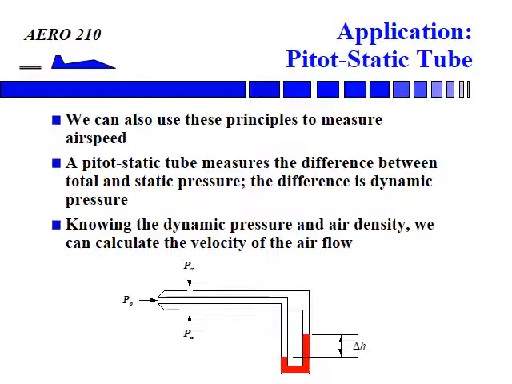Then we can put static ports elsewhere, maybe on different sides of a pitot-static tube as shown here, or other places on the aircraft where we think the velocity is going to be approximately equal to the free stream velocity.